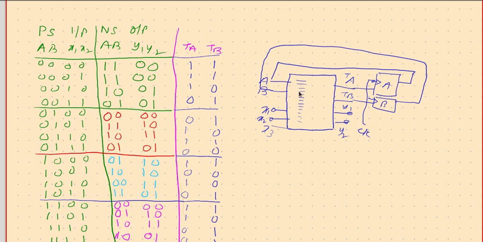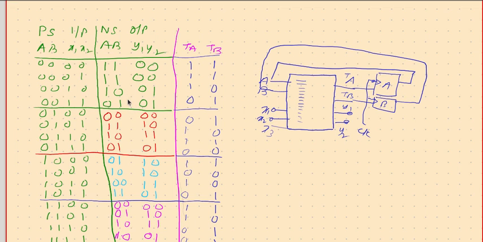There will be 32 rows, and for every row, what TA, TB, y1 and y2 should be is computed and stored in the memory. You don't have to do much work, just remap this, and a new model is available.